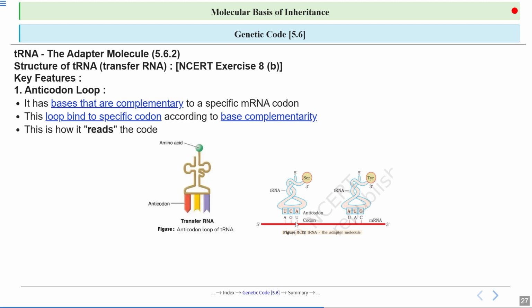So now this tRNA is going to have an anticodon with bases that are complementary to this codon. That will be like UCA. That's why we call it the anticodon loop, because it has bases complementary to the codon. And this is how it reads the genetic code.